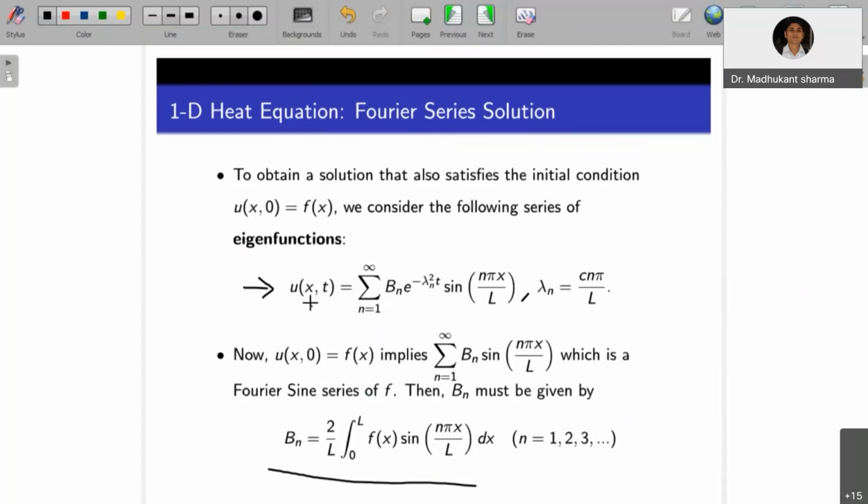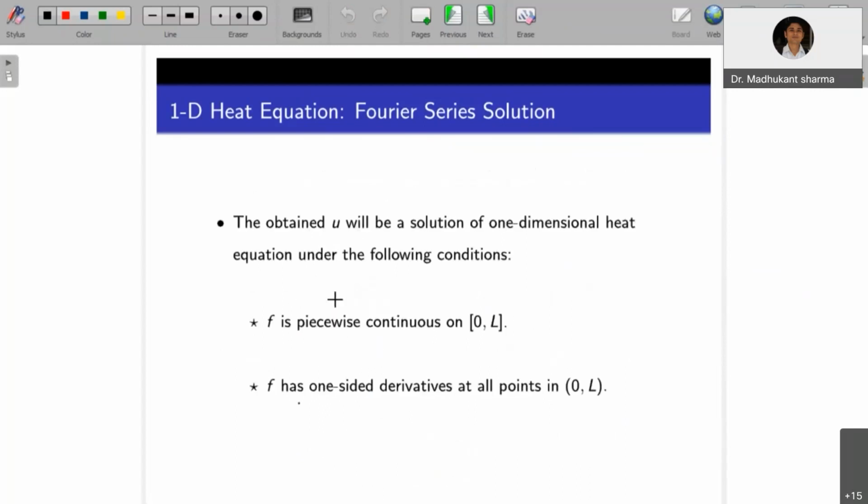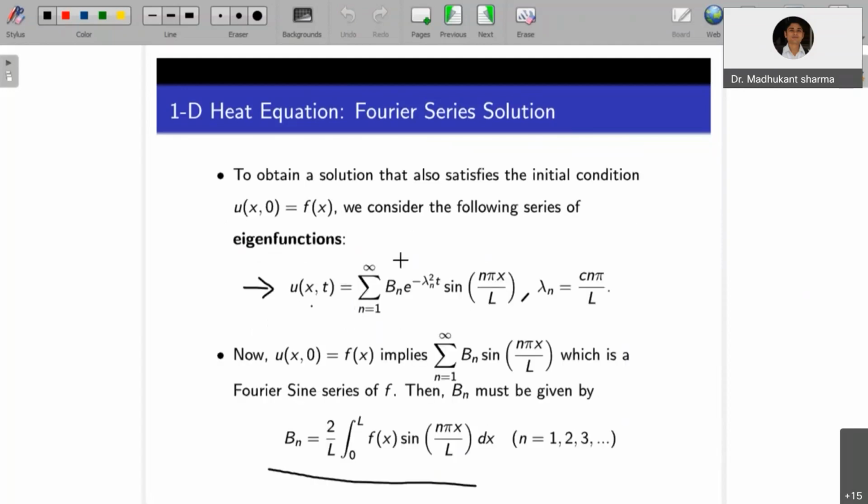So to accommodate those conditions, you must have these assumptions: f is piecewise continuous and f has one-sided derivatives at all points in (0, L). Those conditions will take care of it. The rest of the things are fine because of this exponential function and sine.